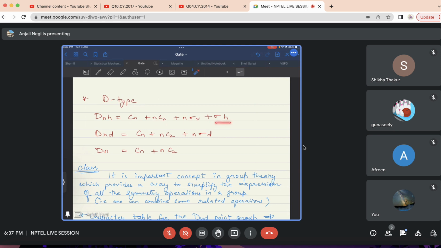Okay, and for Dnd, we have to note that sigma h is absent in this case, that is why we are going to sigma d. So Cn plus nC2 plus n sigma d. Now in the last case, where no mirror plane is present, then Dn is equal to Cn plus nC2. Now okay, I will just write it down.